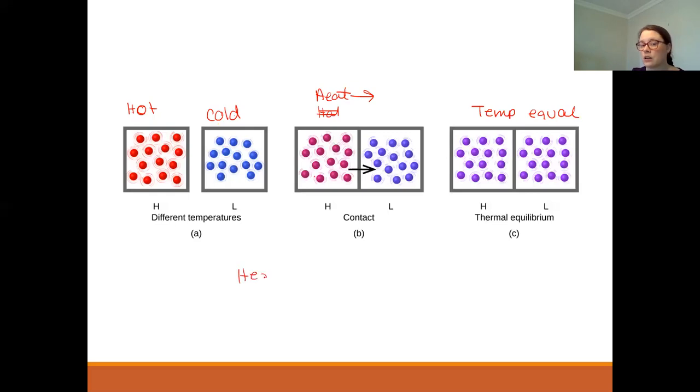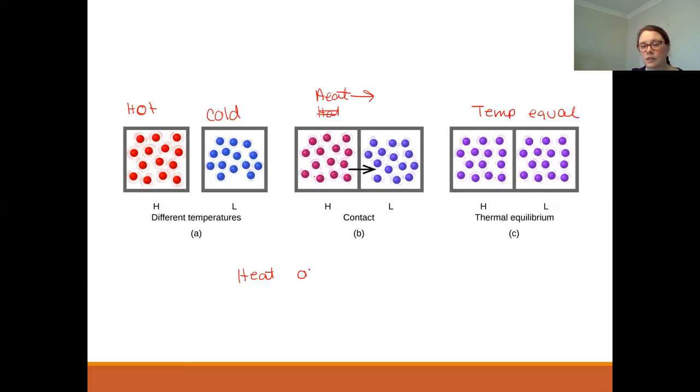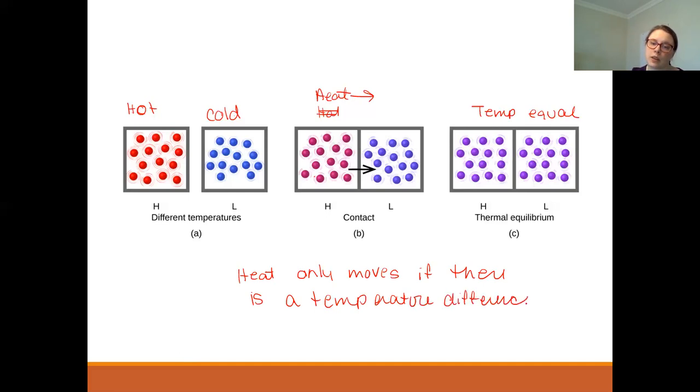So heat only moves if there's a temperature difference.